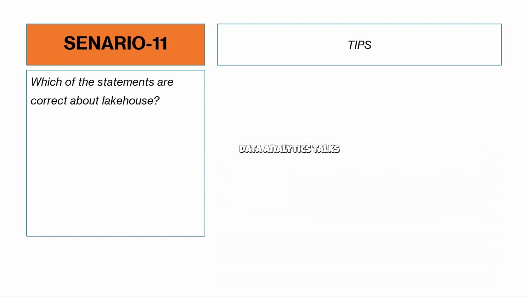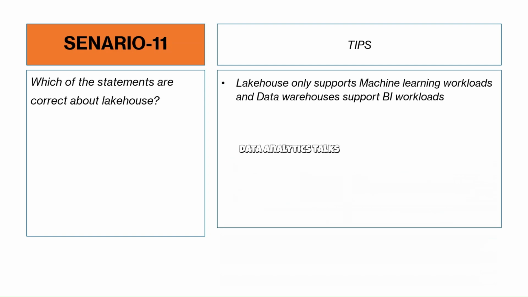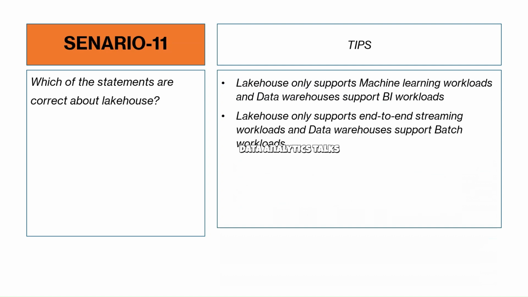Then coming to scenario 11, which of the statements are correct about Lakehouse? Lakehouse only supports machine learning workloads and data warehouse supports BI workloads. Lakehouse only supports end-to-end streaming workloads and data warehousing supports batch workloads. Lakehouse does not support ACID.